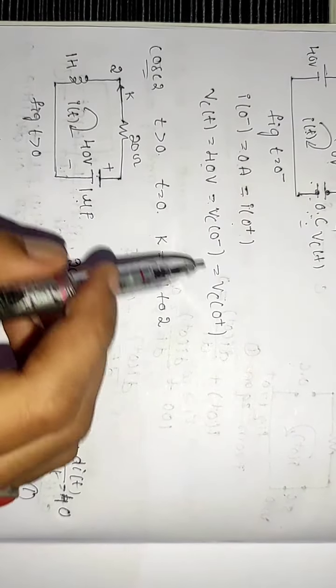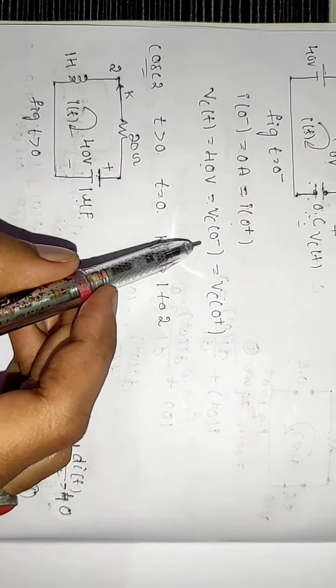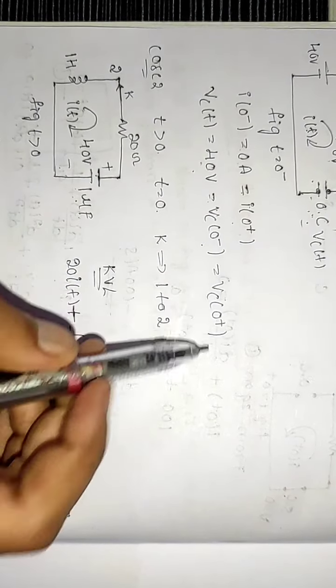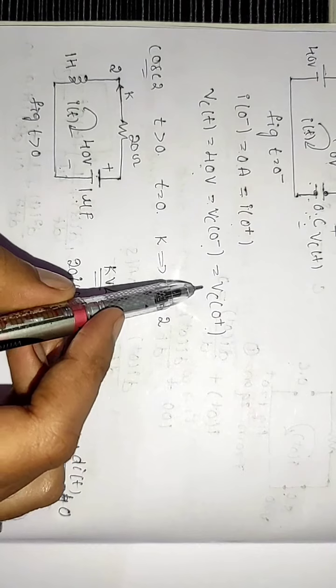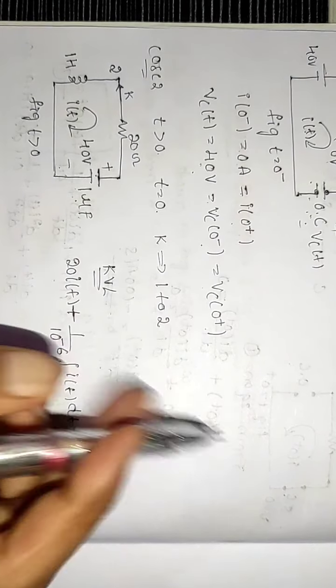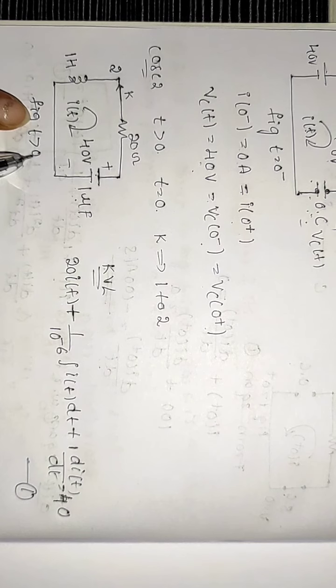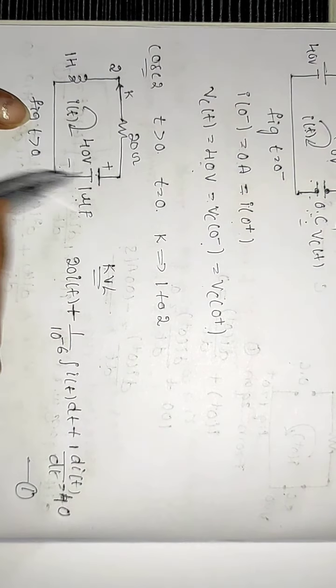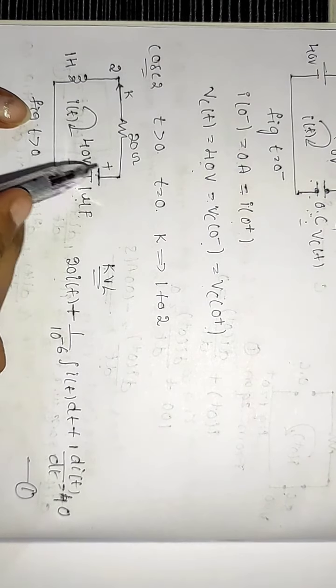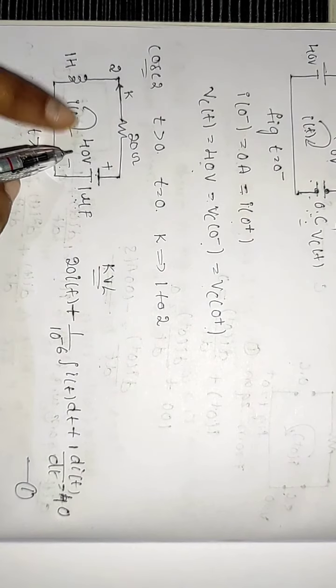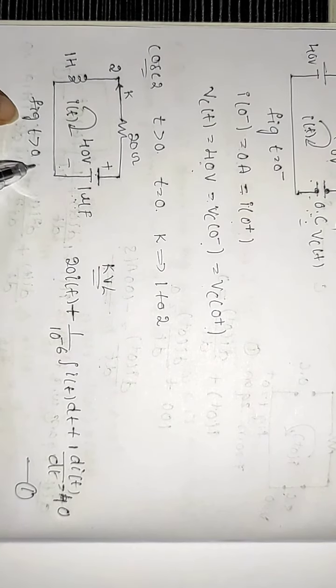So the capacitor voltage Vc of 0 minus equals the 40 volt, which equals Vc of 0 plus. So after the moment of time, when the switch is moved and t is greater than 0, you get the voltage, that is 40 volt, across the capacitor. So the capacitor has the same voltage even after the switch on or off.